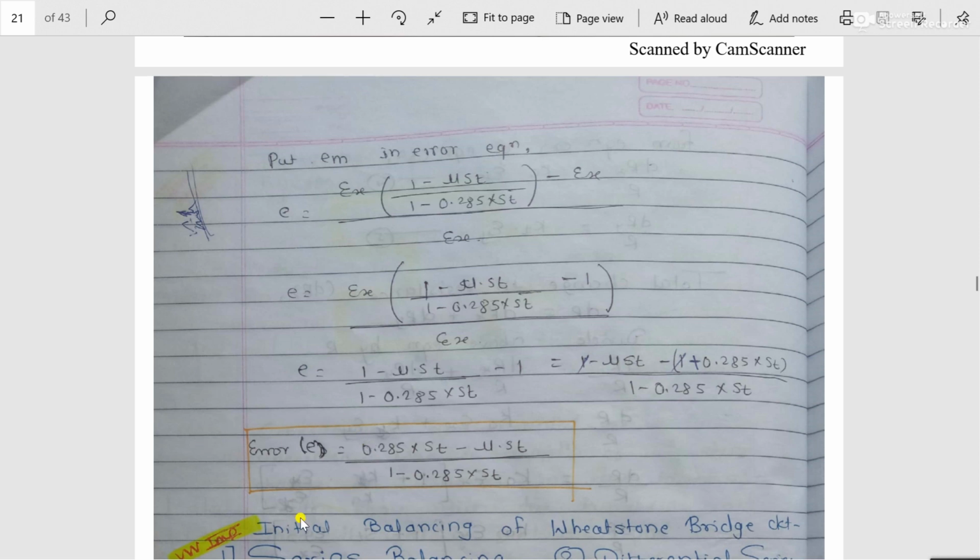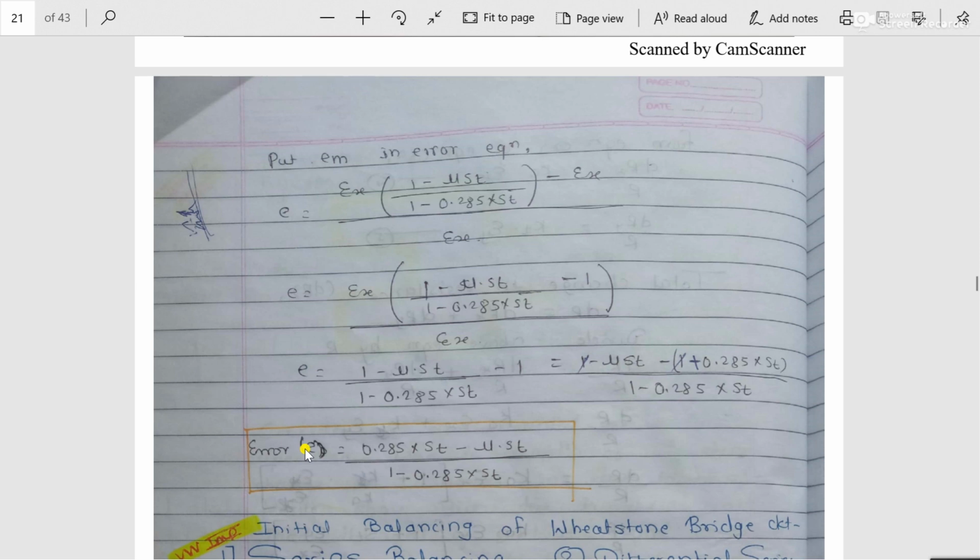And this particular error value I have to calculate if the highest accuracy or sensitivity is required in the strain gauge application. If the sensitivity and accuracy are not required, then this error need not be calculated, but if the accuracy and sensitivity are required, by using this formula I can calculate that error, and that error value I can subtract from the final output equation.